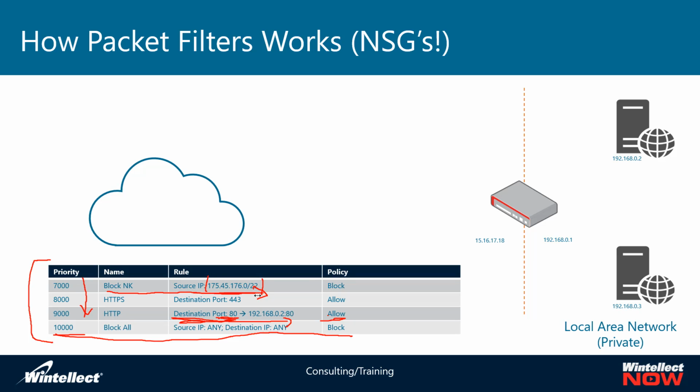And so this higher prioritization blocked that rule and it never got down to this HTTP rule because this one has a higher priority in my packet filter here. And that's how network security groups work: you have a priority rule, and if you have a higher prioritization in that rule, then it's going to end up blocking that.